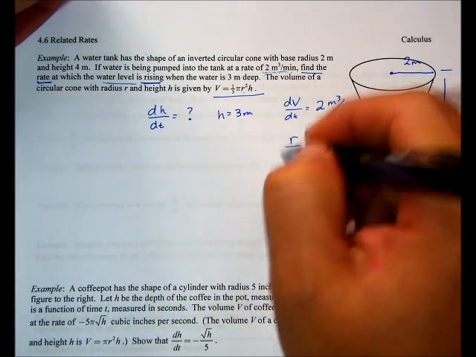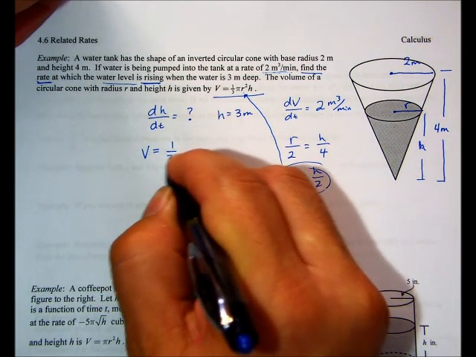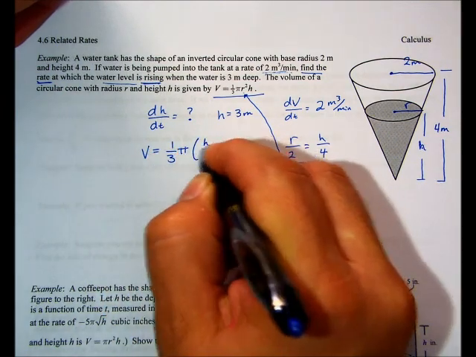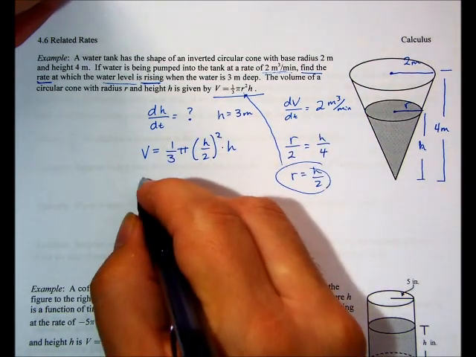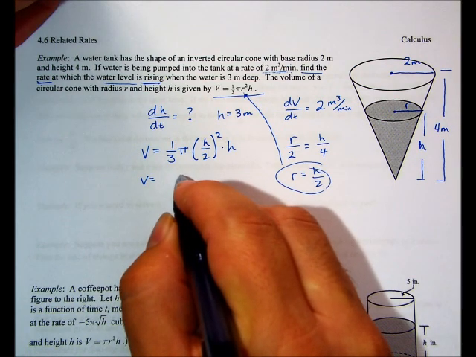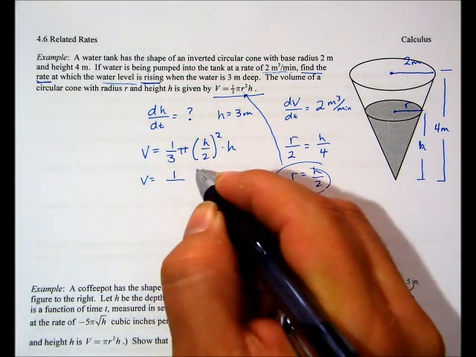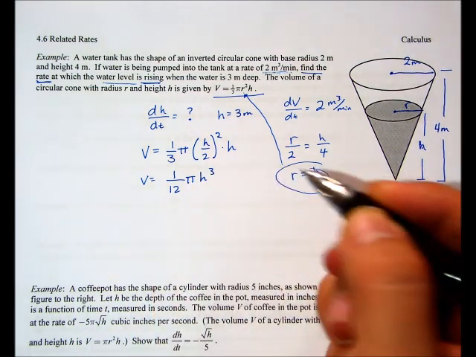I'm going to substitute in here, and I'm going to have volume equals 1/3 pi (h over 2) squared times h. Simplifying this out a little bit, it's going to give me 1/12 pi h cubed.